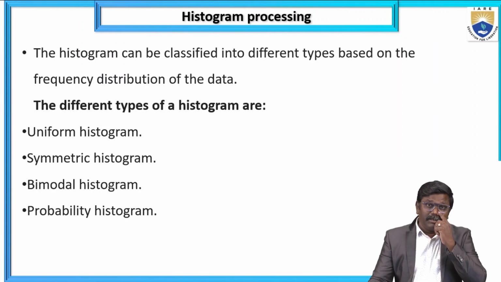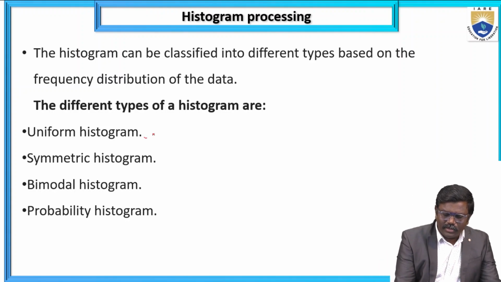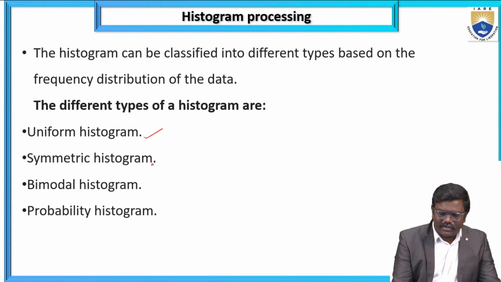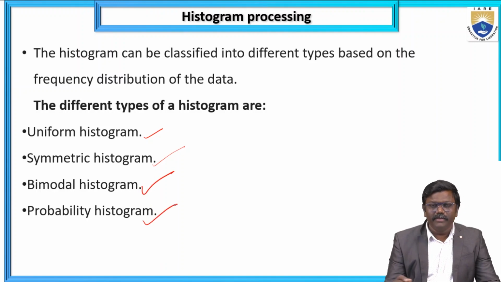So that means the different types of histogram processing we can apply to your selected image are: number 1, uniform histogram; number 2, symmetric histogram; number 3, bimodal histogram; and number 4, probability histogram.